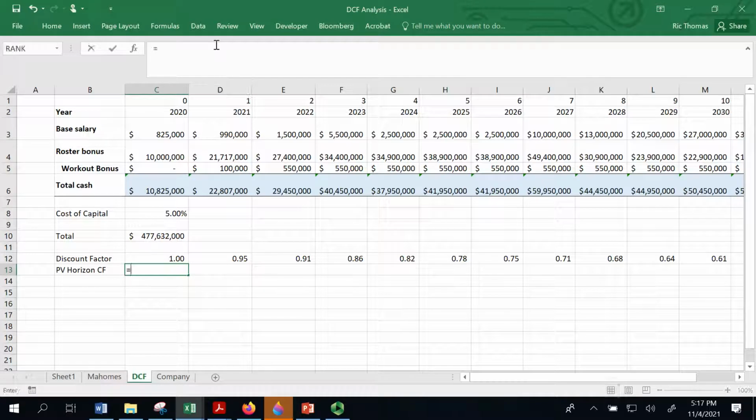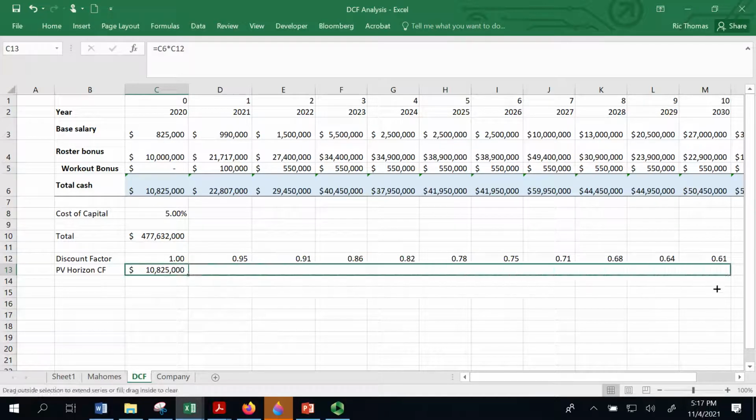So let's do this. We multiply the actual cash here, which is just the sum of these 3 numbers. That number being 0, of course. So I'm going to multiply that number times the discount factor. Obviously, the first one is just multiplied by 1. It's still going to be 10,825,000.